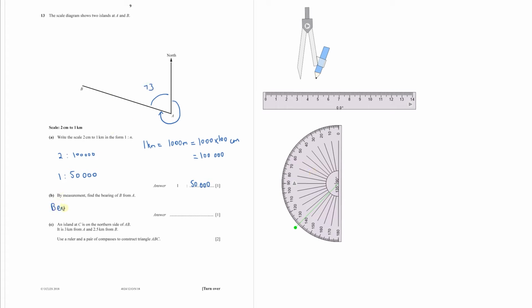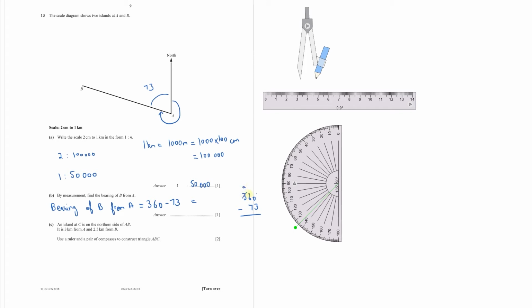So bearing of B from A would be equal to 360 minus 73. So if I subtract 73 from 360, I have to carry from here.